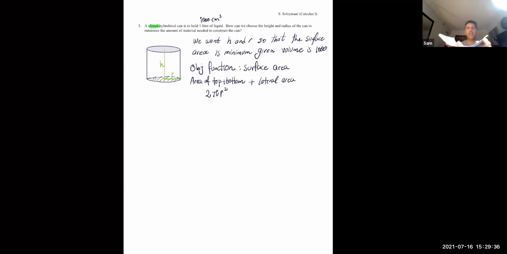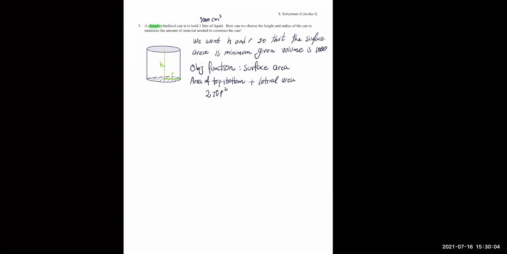The length of this rectangle is the same as the circumference of the circle. Okay, and we know how to find the circumference. So you take the circumference of the circle and you multiply by the height of the cylinder, which becomes the width of the rectangle. That's how you get the surface area of the lateral surface.